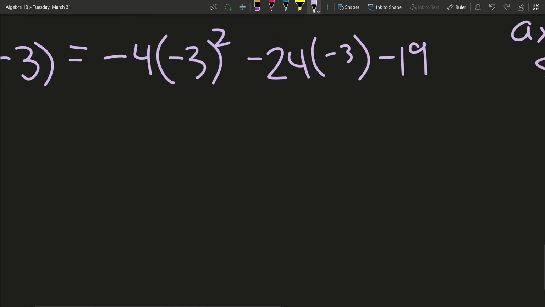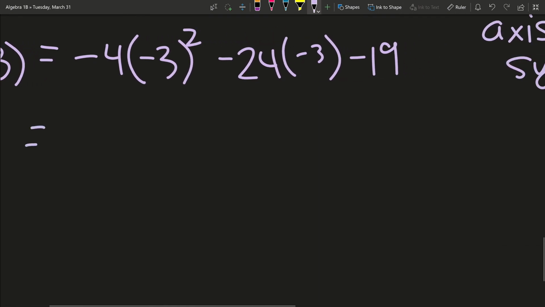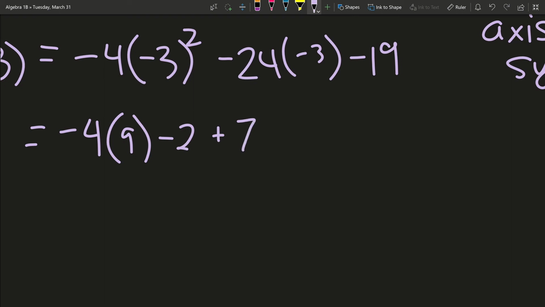All right, let's go ahead and solve this. Negative 3 squared is 9. Now we have negative 24 times negative 3. Let me get my calculator real quick. Negative 24 times negative 3 is positive 72. Remember, a negative times a negative is positive. Minus 19.